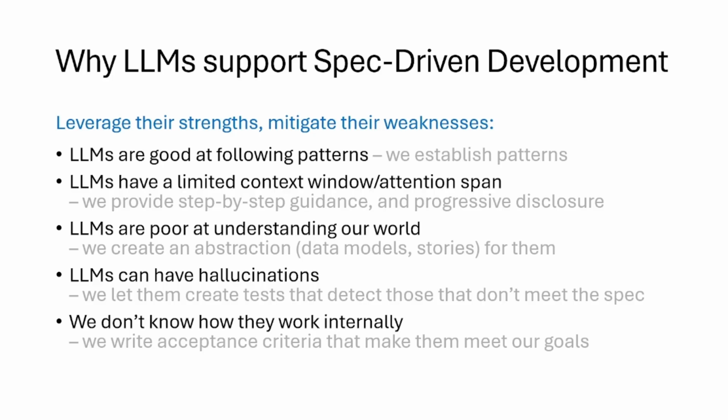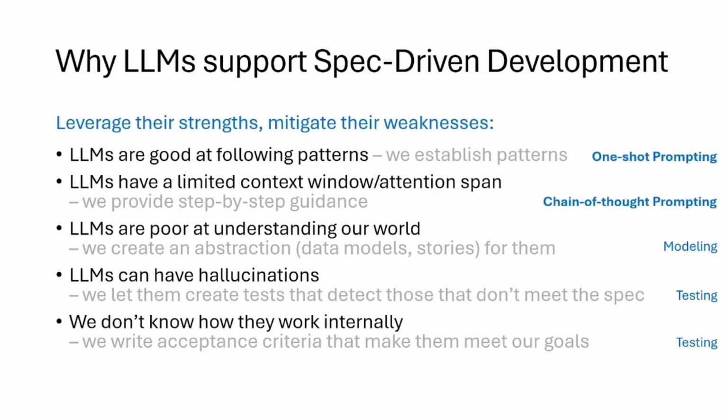We don't know how they work internally. Well, that's not really important, but we write acceptance criteria that make them meet our goals, and that is important. So you can see here that some of the things we do to get the most out of LLMs can be directly mapped onto prompting, one-shot prompting and chain-of-thought prompting. And here we saw that applied to software development.